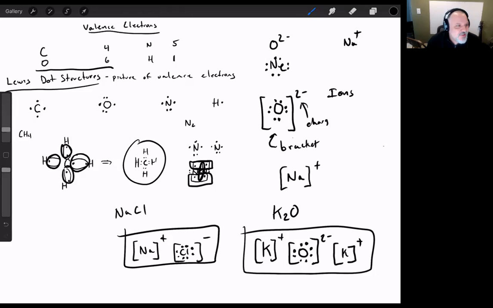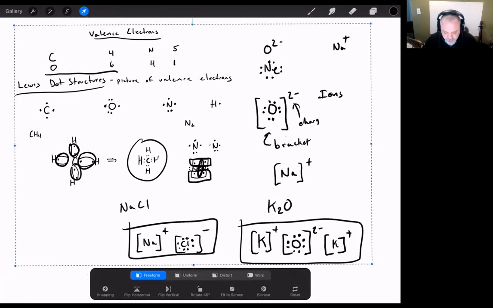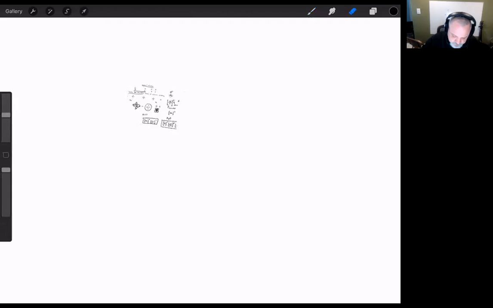So that's a Lewis dot structure, and they're pretty limited, I think. So let's move on and talk about Lewis structures.